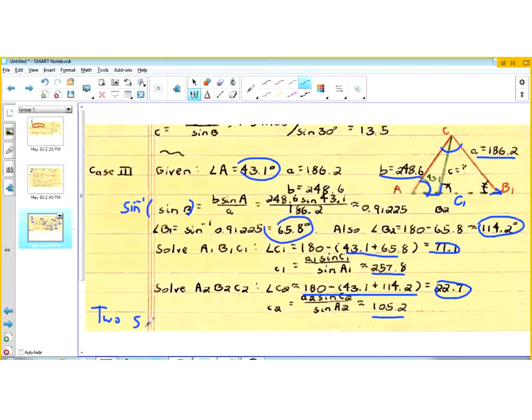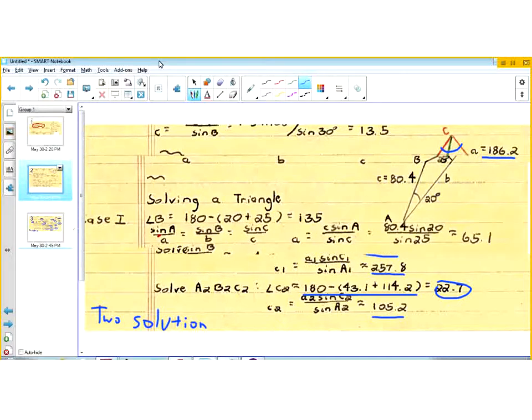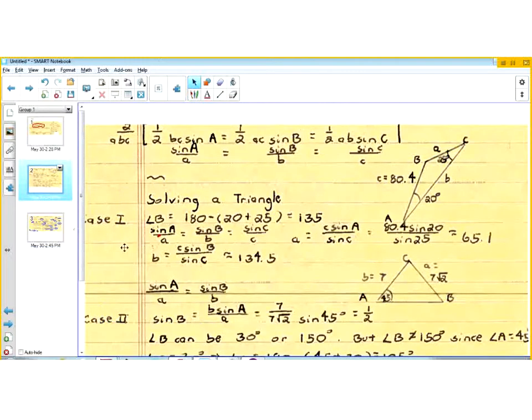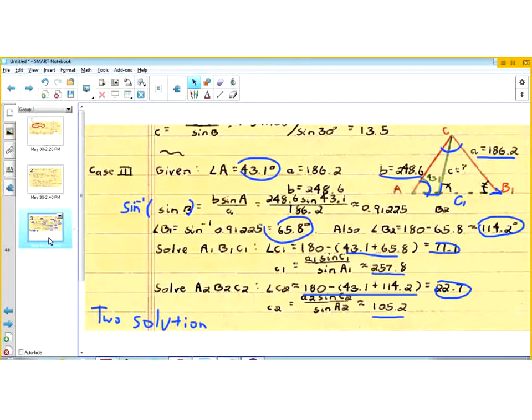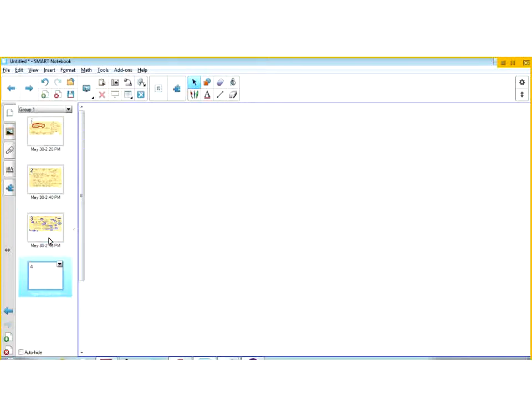So what we've seen is case 1 was a one-solution case. Case 2 was a one-solution case. Case 3 is a two-solution case. Now, case 4 is a no-solution case.